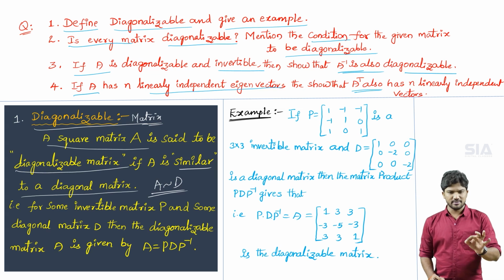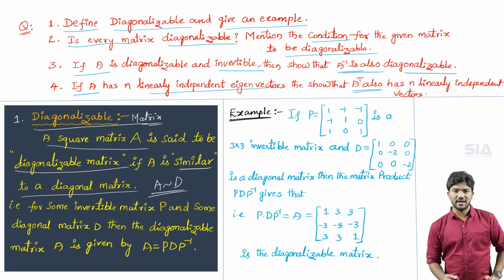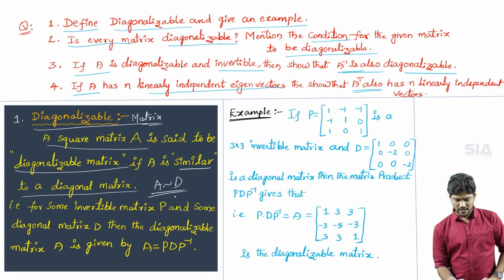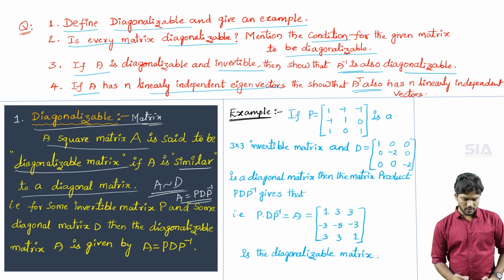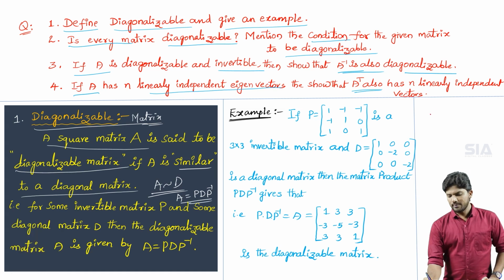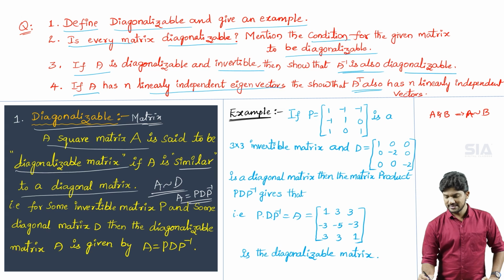diagonalizable matrix. Is being similar enough? So what is the similar matrices condition? You know very well, capital A is equal to P D P inverse. Whenever capital A and capital B are both similar matrices, capital A similar to capital B, then what is the condition for the similarity?